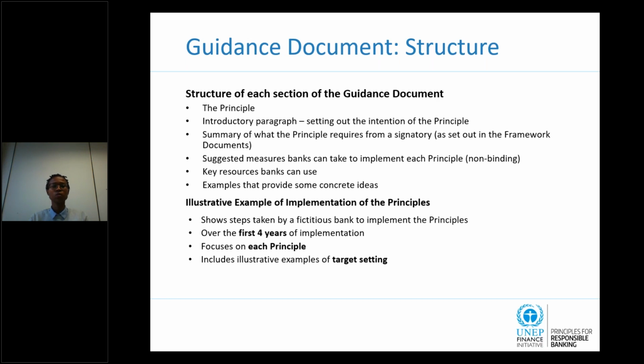Each example focuses on each principle and also includes illustrative examples of target setting, which is one of the topics that may be of worry for some of the banks. And we have many resources and examples as to how targets have been set. So this is how the guidance document is structured and how it can help us implement the principles in each one of our organizations.